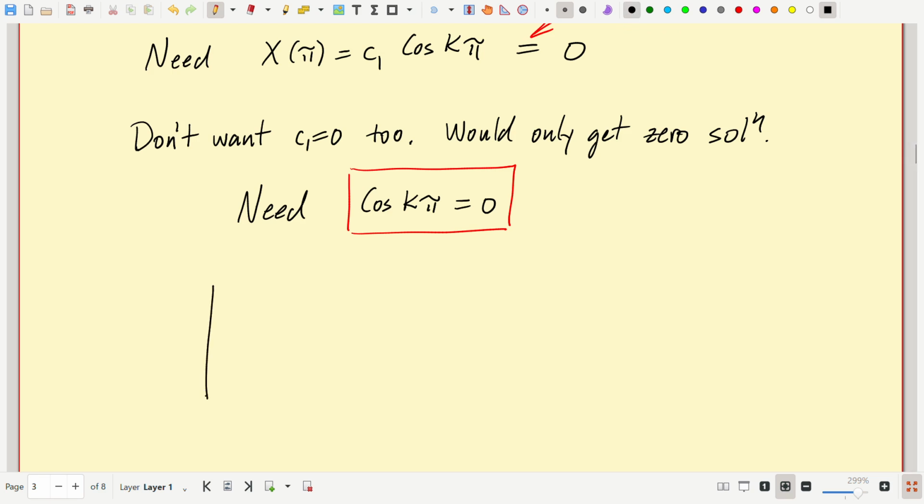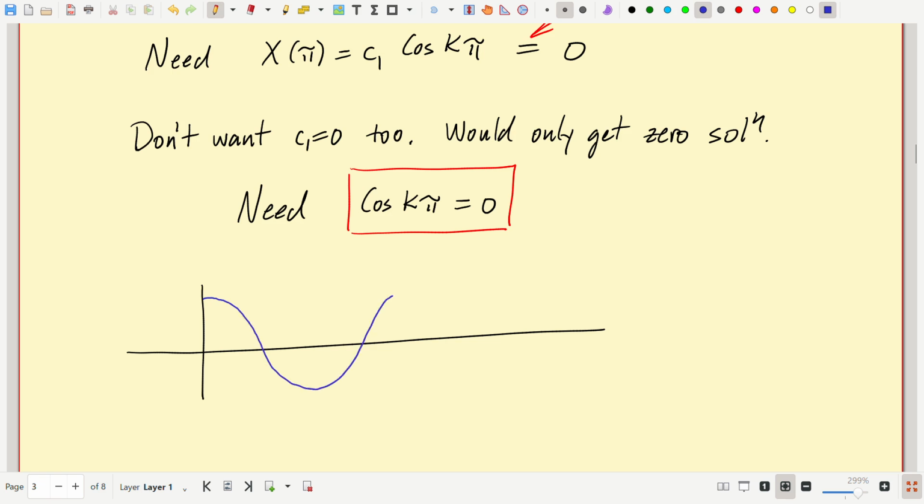Let's see, we only care about positive x. Cosine of 0 is 1, and then it has a whole bunch of zeros. Let's think about where those zeros are. This is pi over 2. This is pi later, this would be 3 pi over 2.